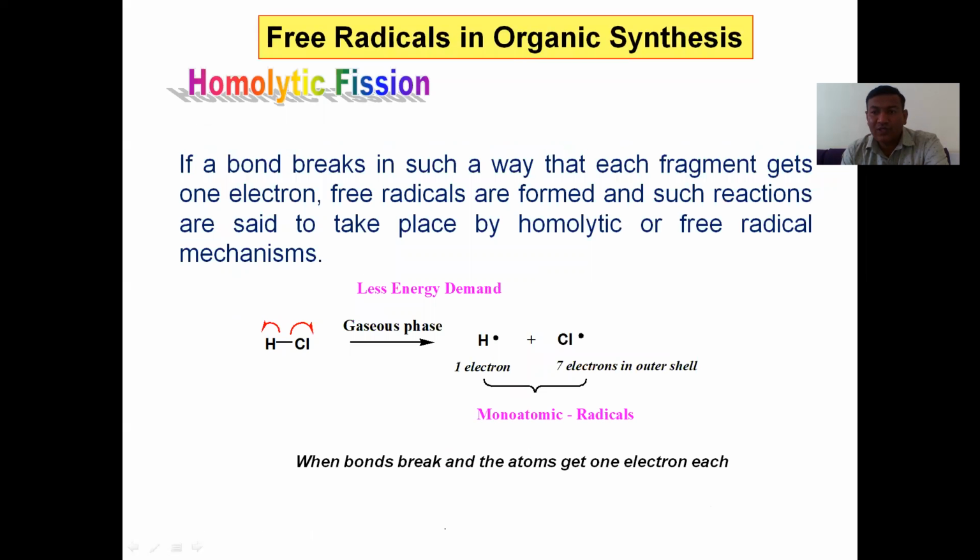Then what about homolytic fission? If a bond breaks in such a way that each fragment gets one electron, free radicals are formed. Such reactions are said to take place by a homolytic or free radical mechanism. Free radical mechanism means homolytic fission.